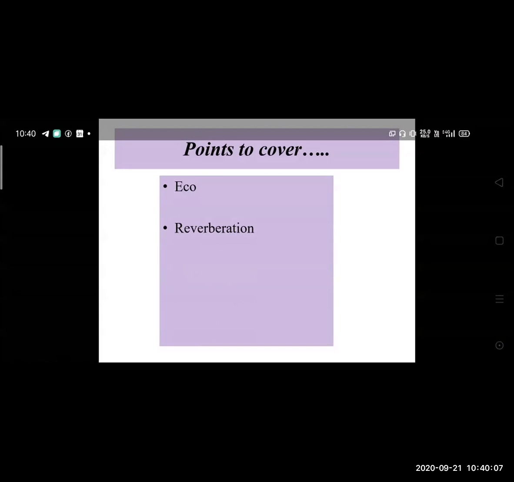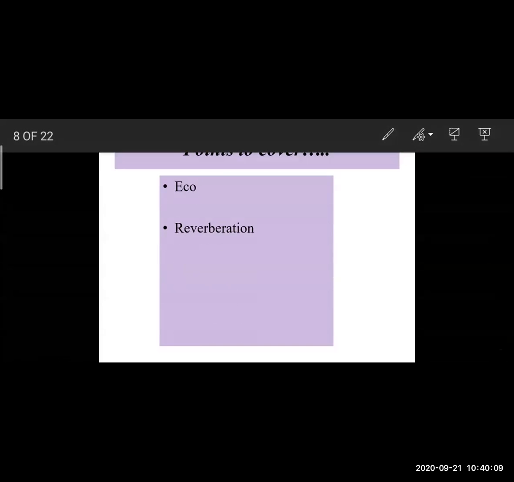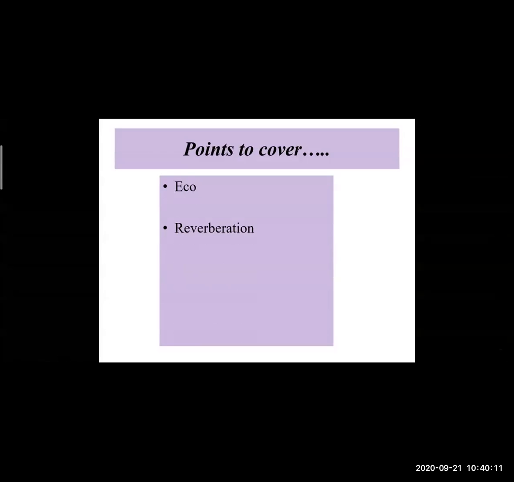So today we are going to see first point, that is echo. Second point is reverberation, third point will be sonar, and fourth point will be sonography. So in all these, there is a use of different sounds.